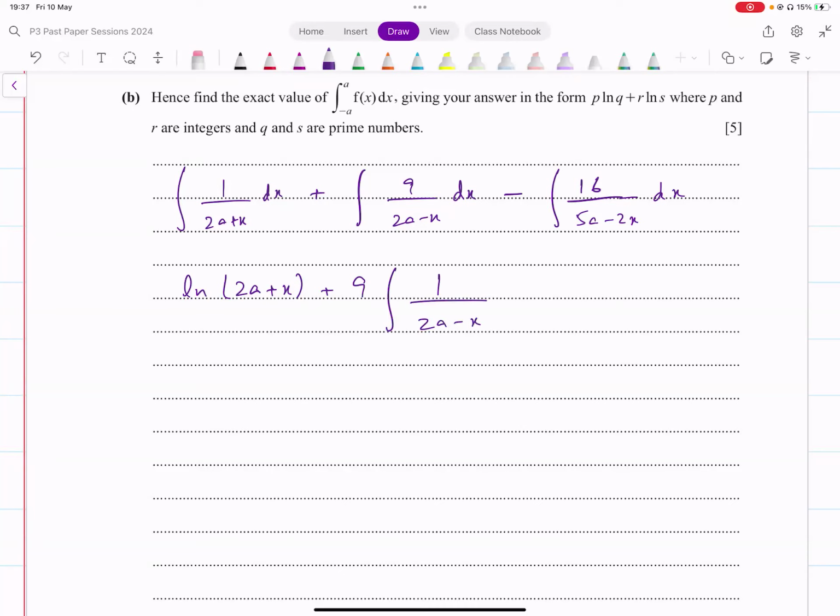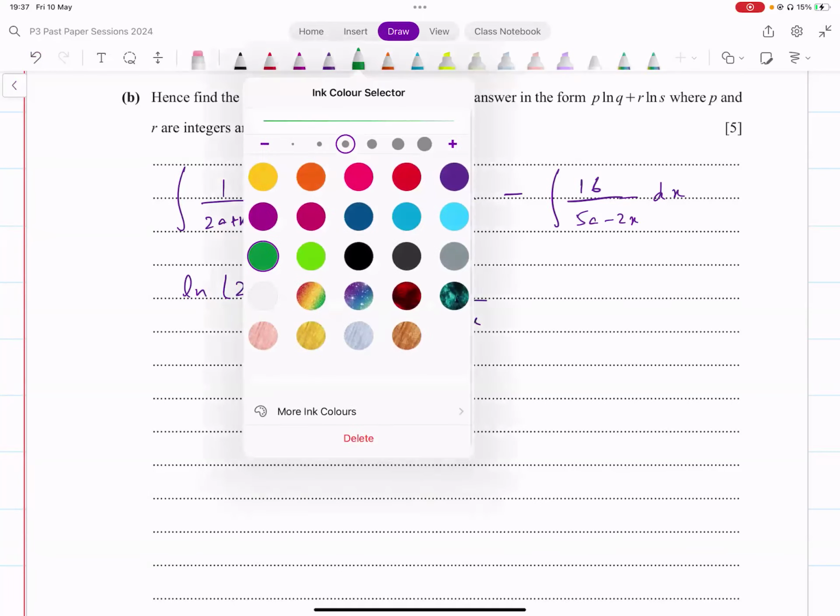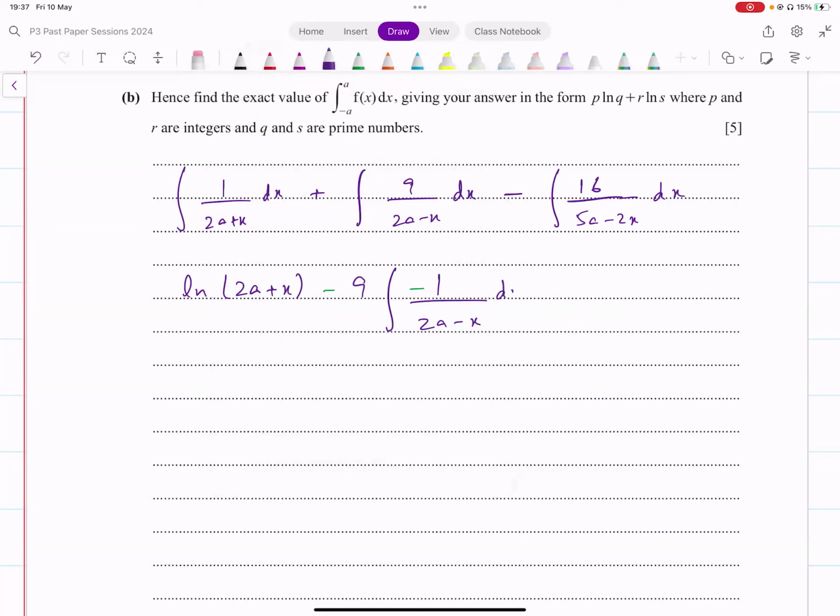To get minus 1 in the numerator, let's put minus here, and to balance that, put minus outside as well. Make the sign minus as well. And now inside the integral, we've got the ln form, which we can integrate directly. So the integration of this is going to become minus 9 into ln of 2a minus x.